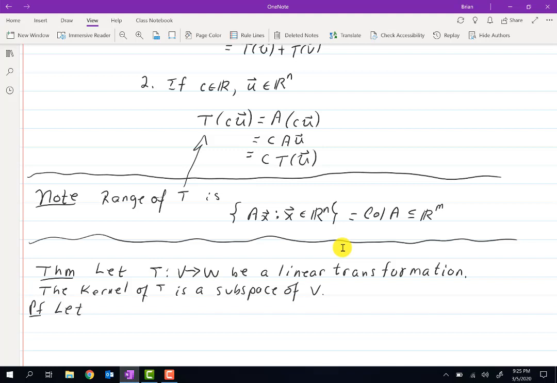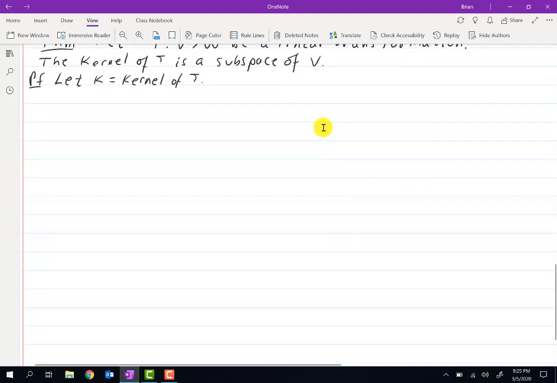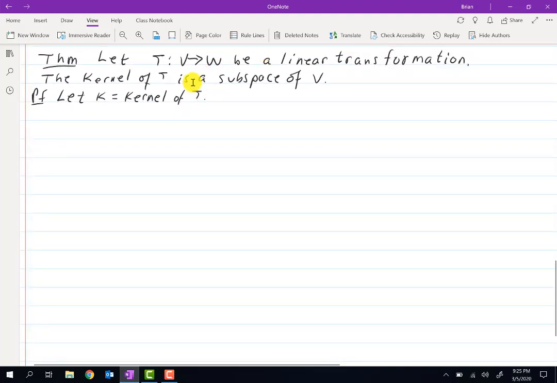So I'm going to let K equal the kernel of T. So we know that anything that's in K, T of that is going to be the zero vector in W. So let's start with the two properties that we have.